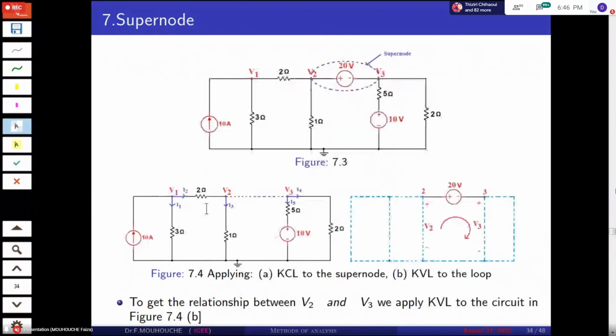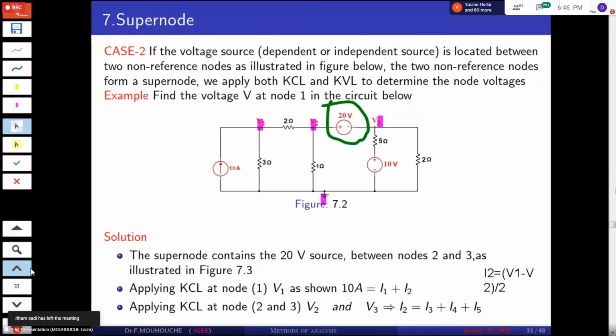Now for node 2, what do we have? I2 equals I3 plus I4 plus I5.